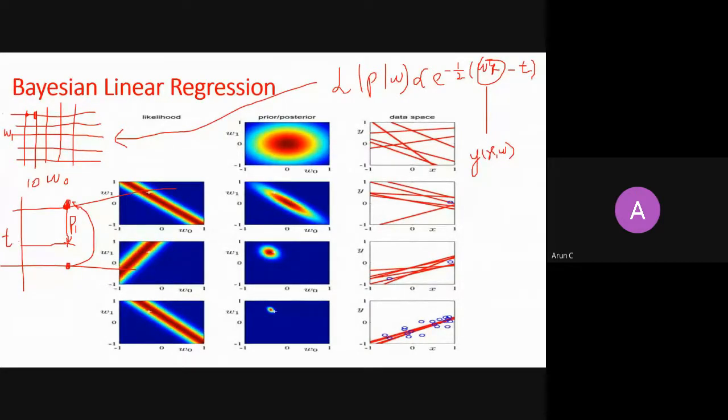How many points are there on this grid? 100. And each point is what? A line. If each point is a line, then I can calculate a probability with what formula? The likelihood for this particular line.